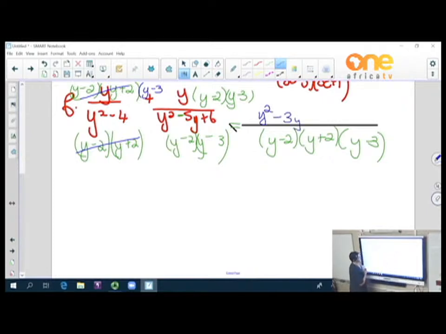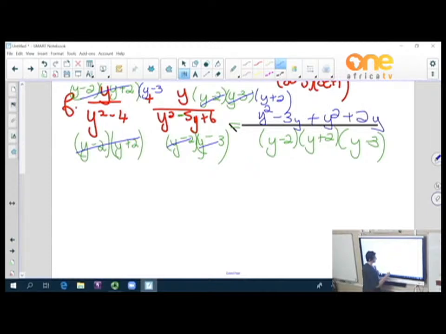Sorry. Here I can cancel this. I can cancel here. But I still need to multiply with y plus 2. And now if I multiply this one, it is plus y squared plus 2y.